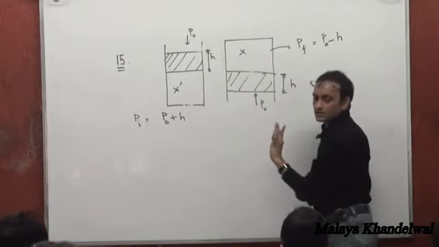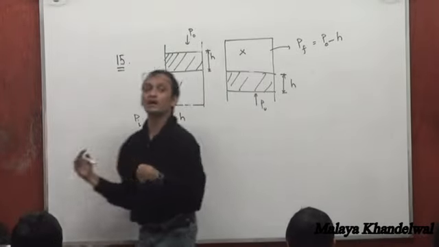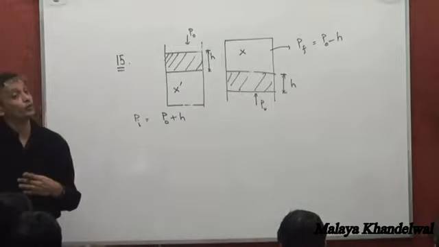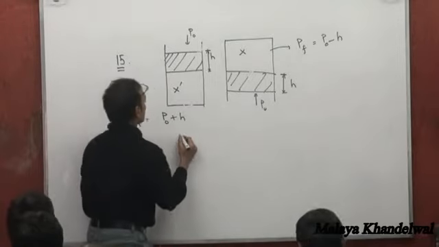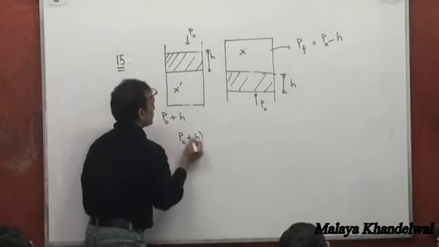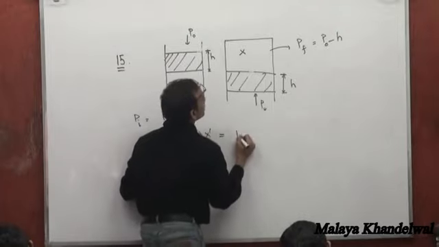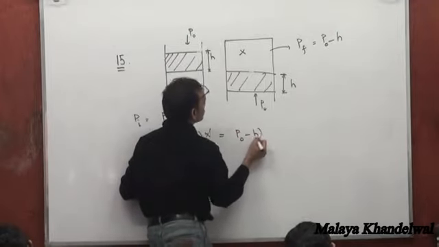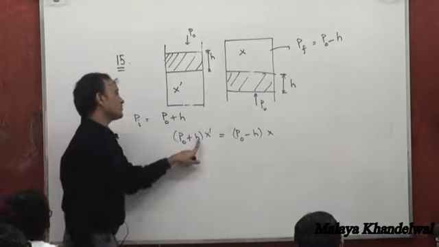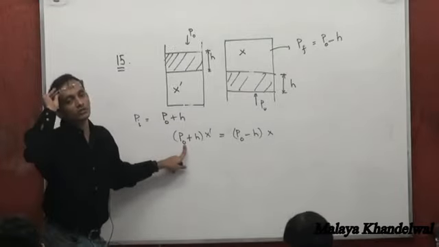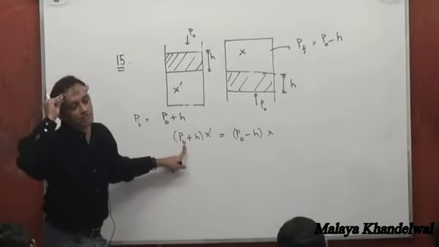The initial volume is x prime. So I can apply Boyle's law to the air column. So I have P naught plus h into x prime equals P naught minus h into x, and I can very readily solve for P naught, the atmospheric pressure in millimeters of mercury. Got me?